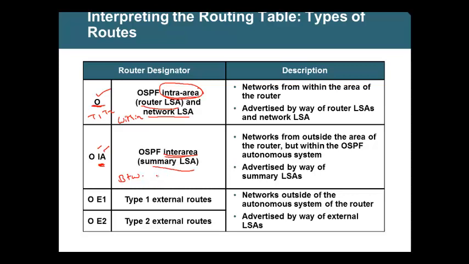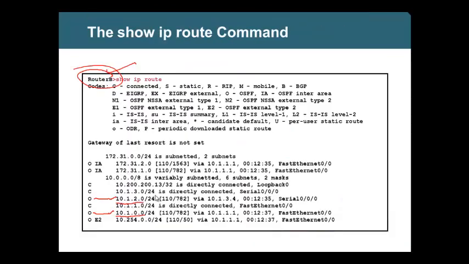Those type 3 learned routes will be shown in the routing table as IA. So in this example, router B has got two networks coming from another area, 172.31.2.0 and 172.31.1.0.